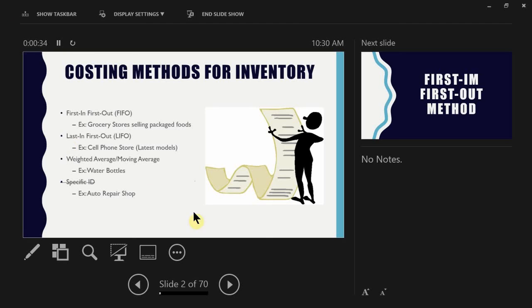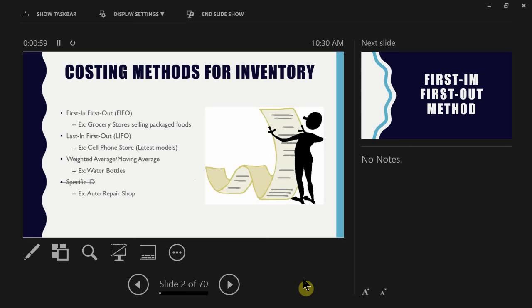All right, so once again, just a quick update of each one. So again, FIFO means first in, first out, right? Think of it as if you're selling groceries, things that have an expiration date. You're obligated to sell anything that has an expiration date first, because if you leave it to last to sell, they're going to spoil, all right?